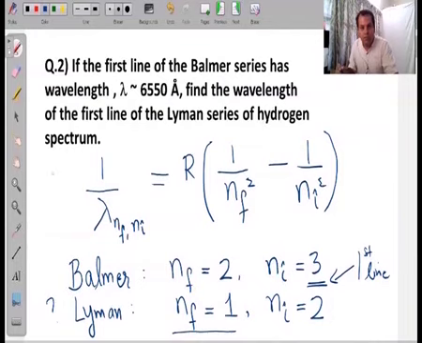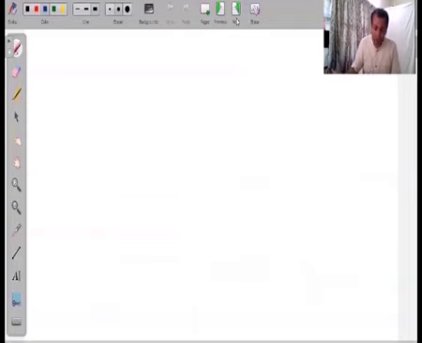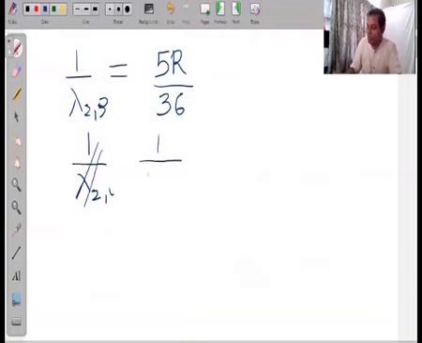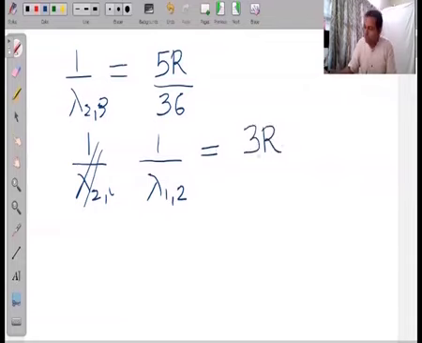So we can proceed with this, and let's have a look here. This becomes 1 upon lambda 2,3, and if you plug in the values, you get the answer as 5R upon 36, and 1 upon lambda 1,2, because now we are looking at the Lyman series, and this gives us 3R upon 4.